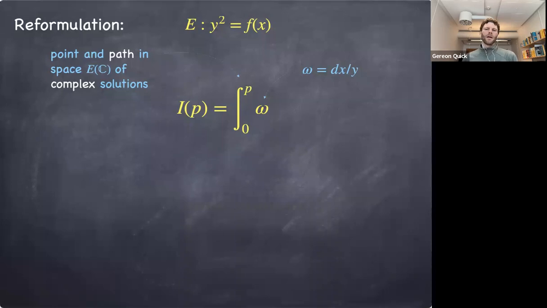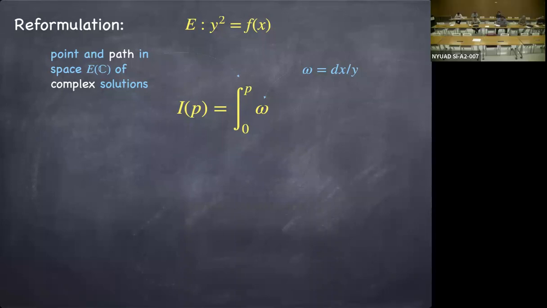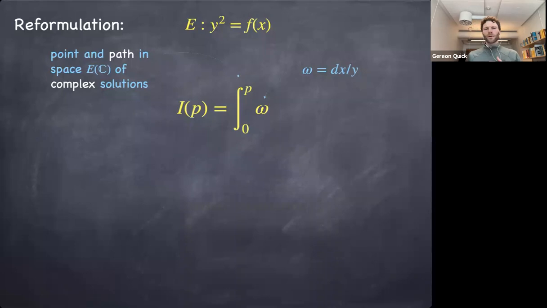Initially, maybe our question was just aimed at calculating this integral over the real numbers, but as you all know, if you want to do this in a systematic way, then it's a good idea to look at the complex numbers in order to keep track of the signs of the square root.